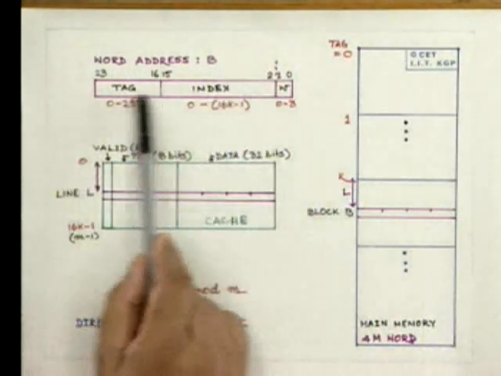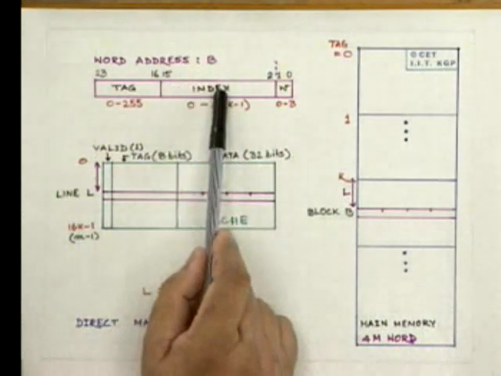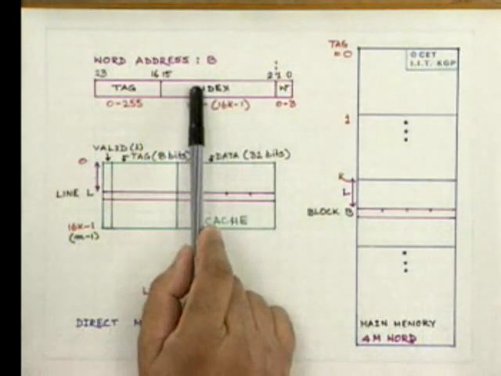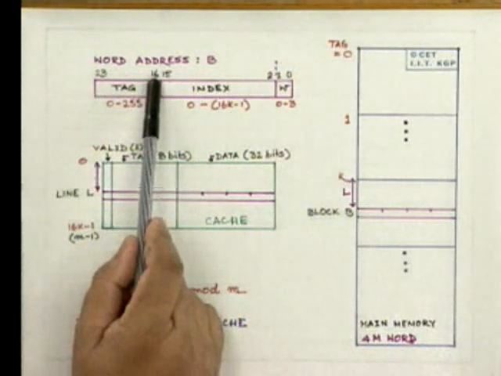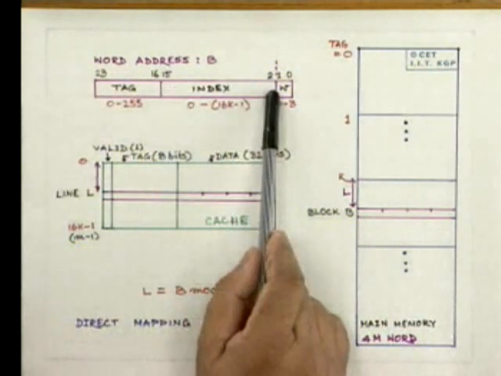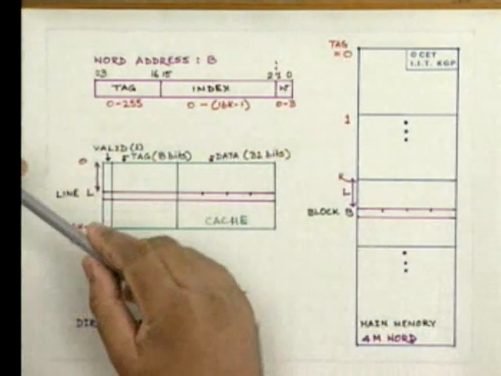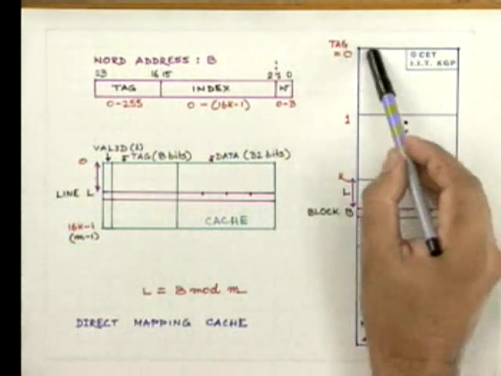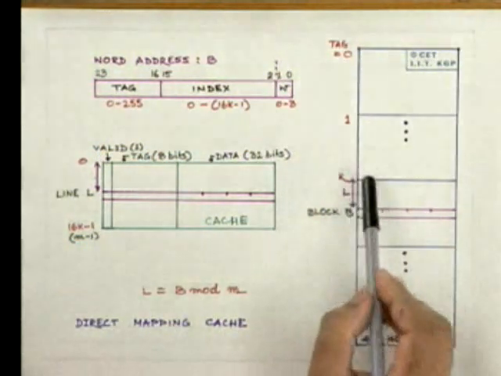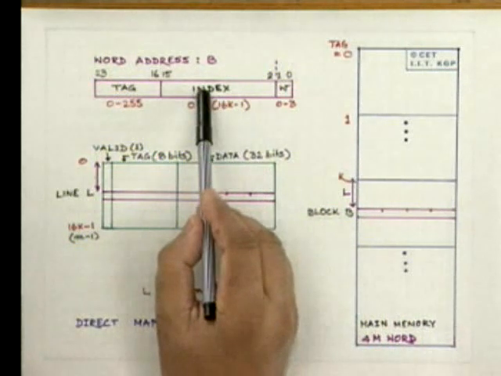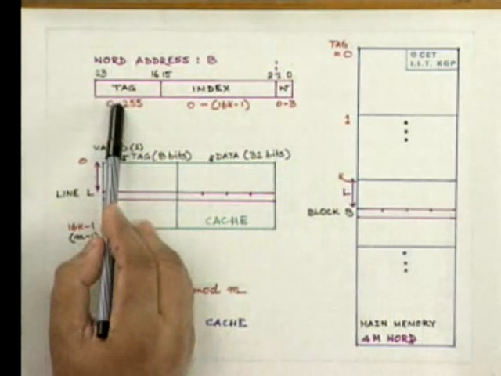Therefore, the complete word address is divided into 2 parts: one is the index, consisting of 14 bits, and another is the tag field, consisting of 8 bits. This 14-bit address essentially determines the location of a particular word within a segment that is decided by the tag field.